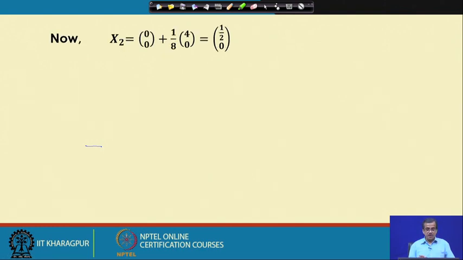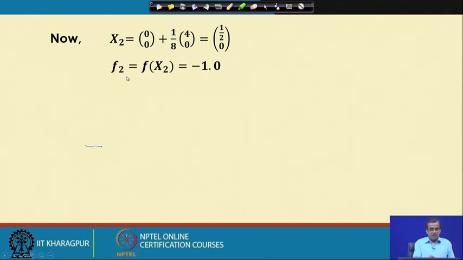Now, I am going to use the value of the optimal step length to find out X2. X2 is 0 plus lambda star, which is 1 by 8, into the search direction, that is 4, 0, and if you simplify, I will be getting half, 0. That means small x1 is equal to half and small x2 is equal to 0.